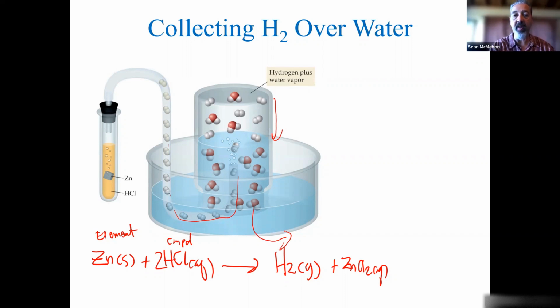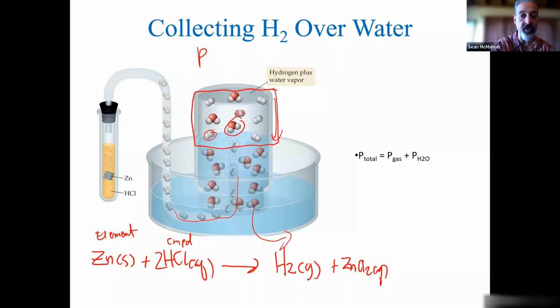As it's doing that, what we have to realize is, so here's my hydrogen gas, right? So these diatomics, these are two little hydrogens. What I also notice is that the water is also vaporizing. So the total pressure inside this container, because again, what is pressure? Pressure is directly proportional to the number of collisions.